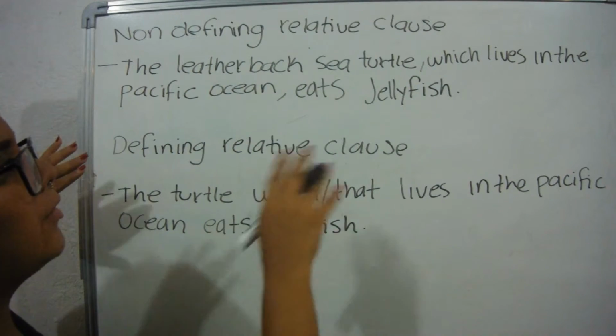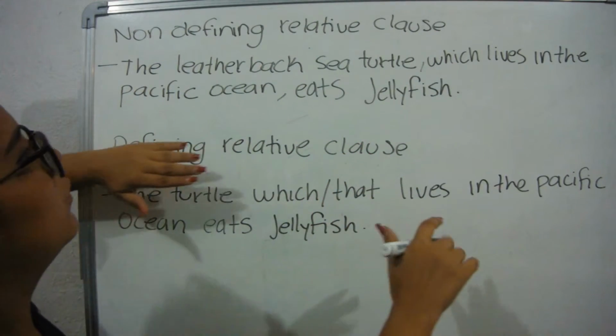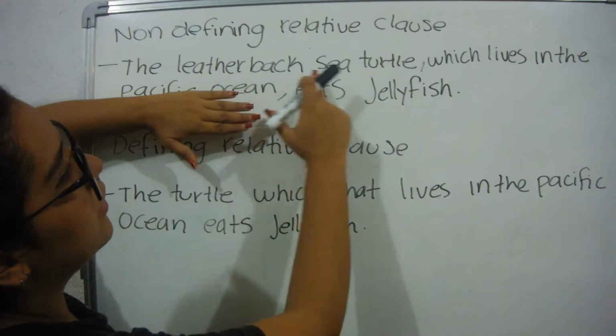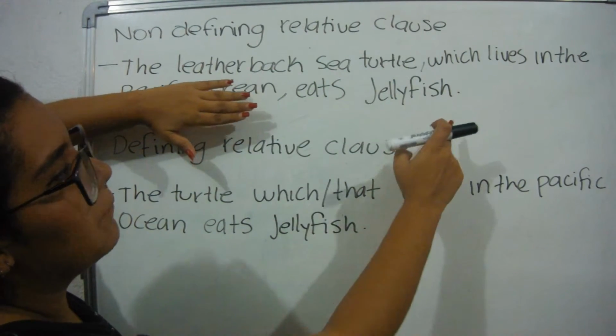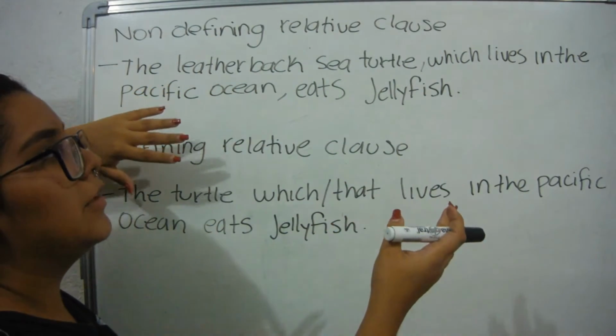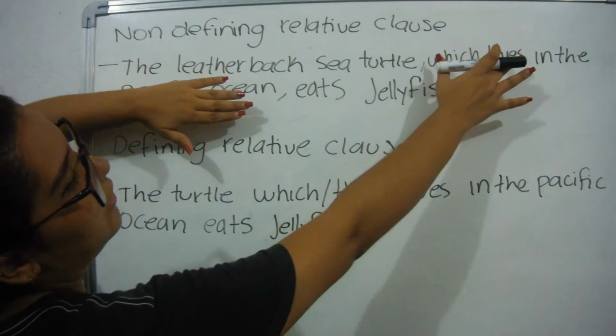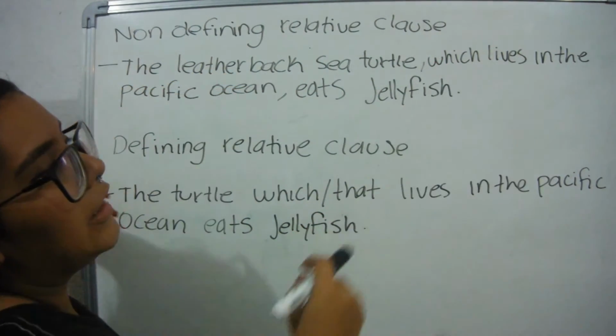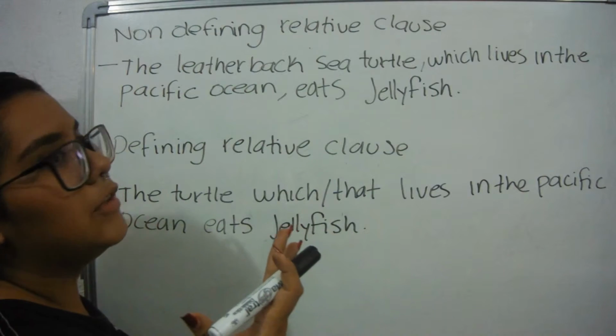If we take out that part of the sentence and we read it like, the leatherback sea turtle eats jellyfish, it can stand by itself, and it doesn't lose the meaning of the sentence.